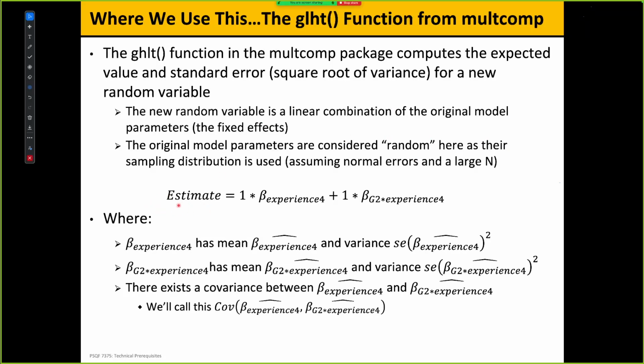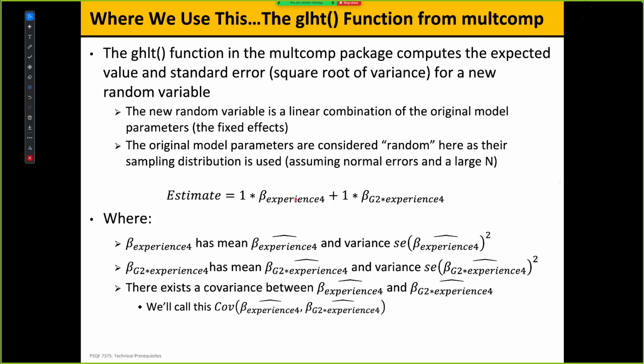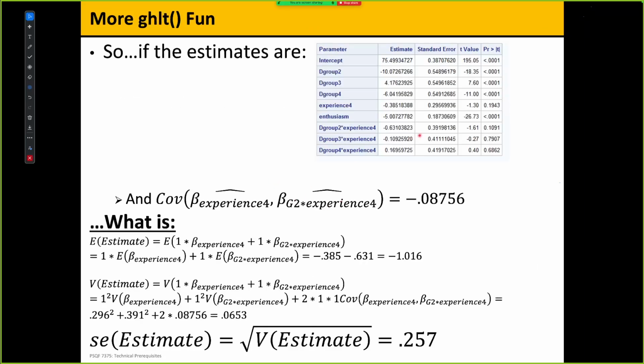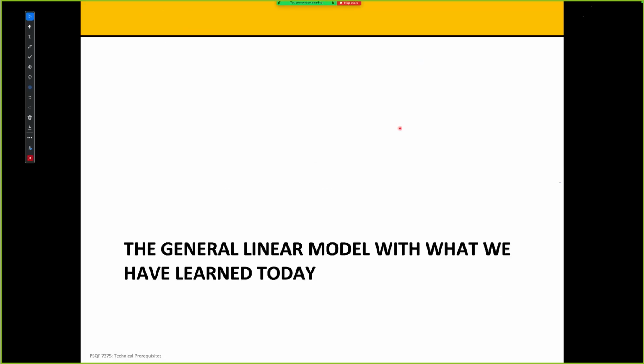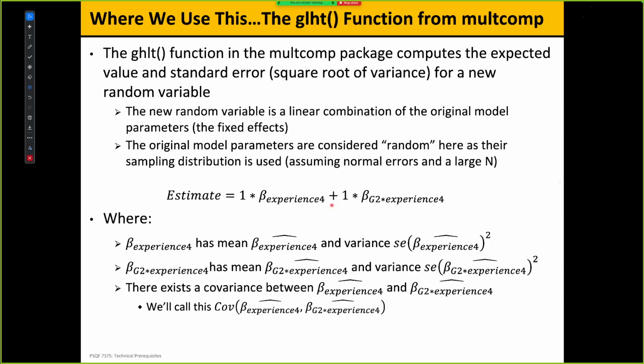So if you wanted to come up with one of the estimates of parameters in linear models with interactions, if we wanted to look at the simple slope of group two, for instance, or the simple slope of experience, we'd have to combine experience with group two's slope. So the slope of experience in group two is this linear combination. And that's what GLHT is doing.